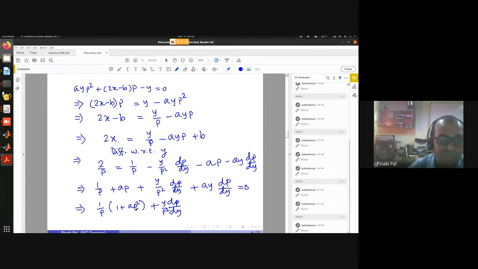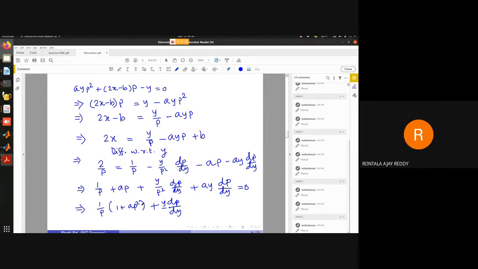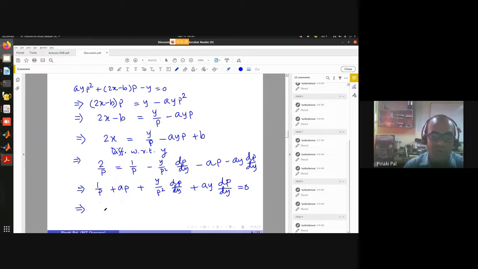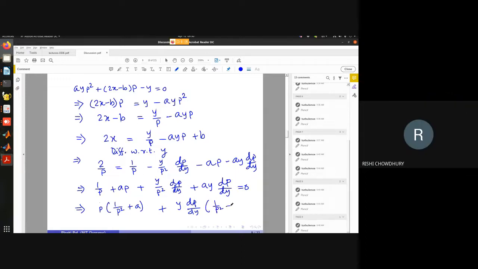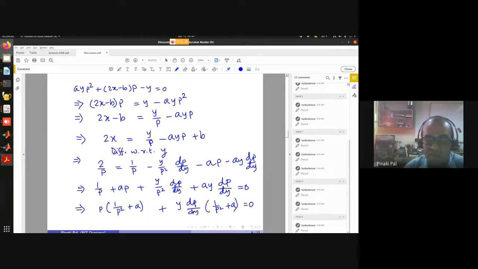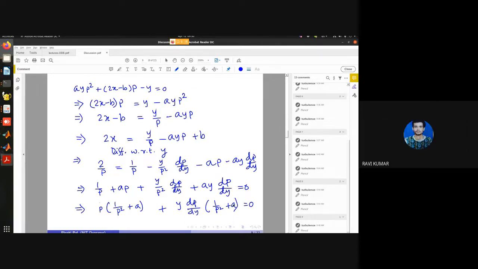If I take p common, we get 1 by p square plus a, and then if we take y dp/dy common, we get y by p square. Correct, this is correct.